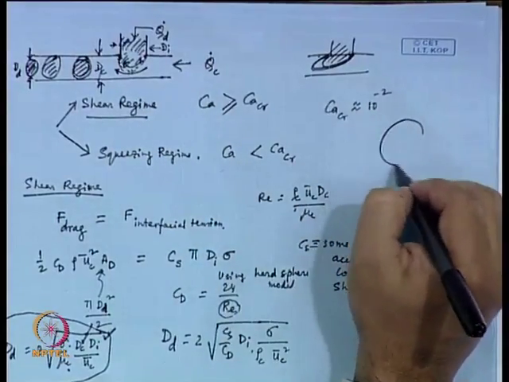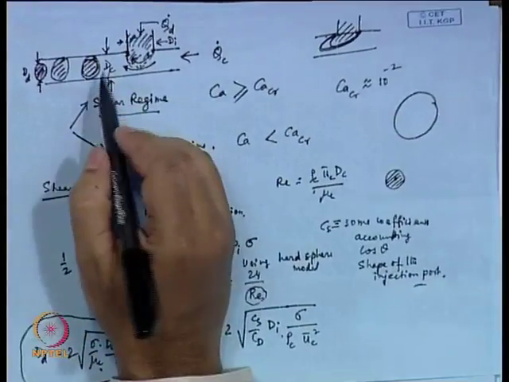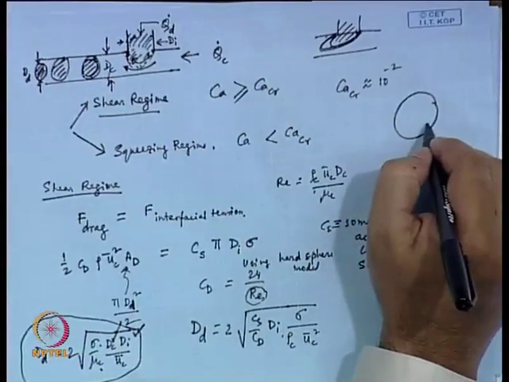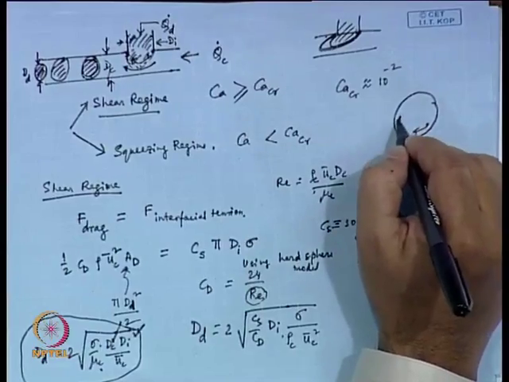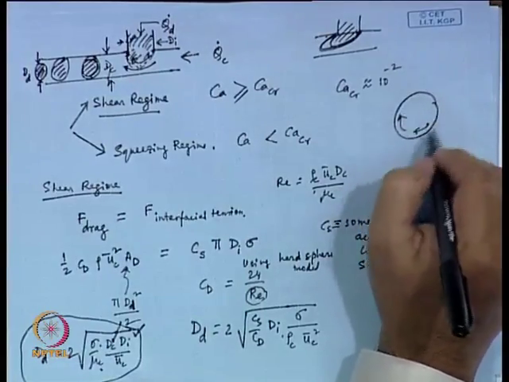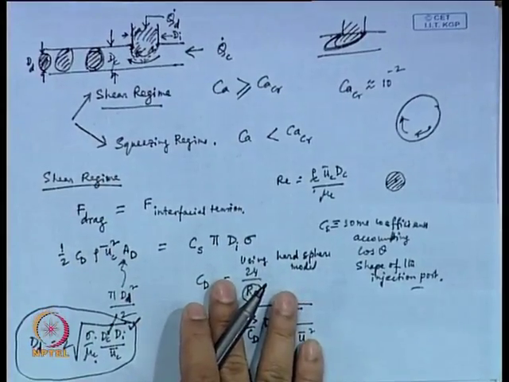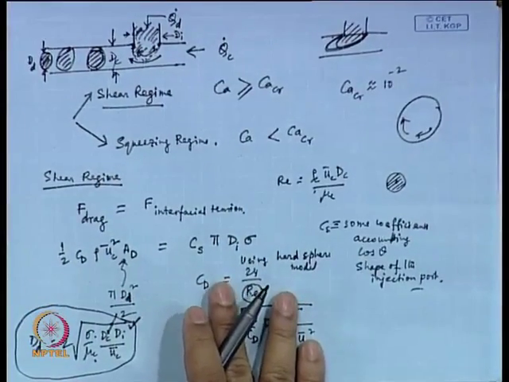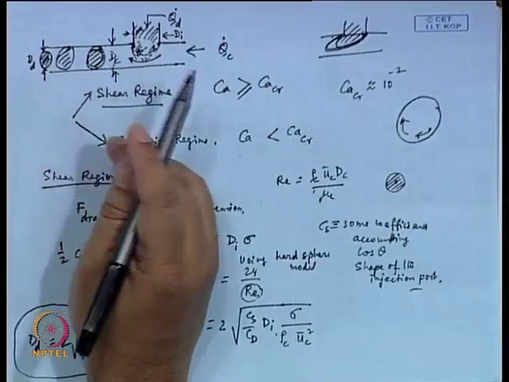So, if this is the droplet we are talking about, you will find that there is a velocity profile like this. There is a vortex generating within the droplet itself. In fact, this is why there is a proposition that these droplets can be used as a mixer.